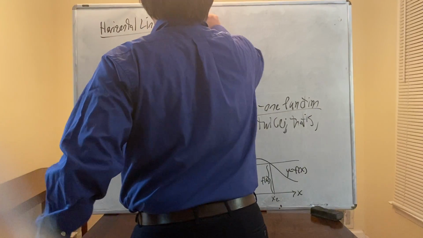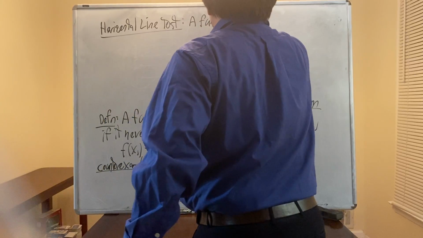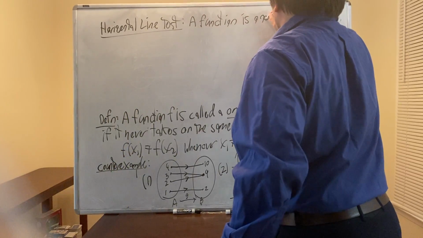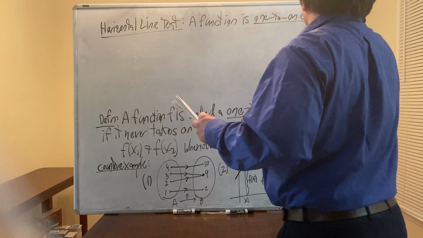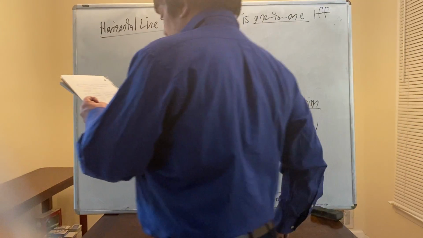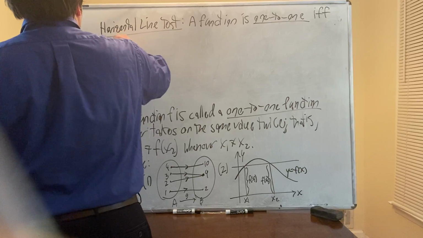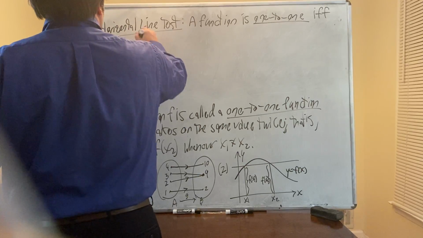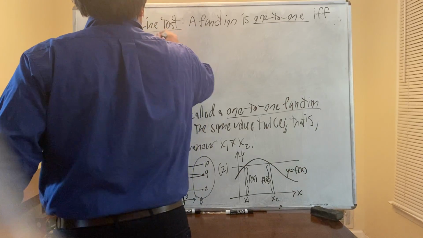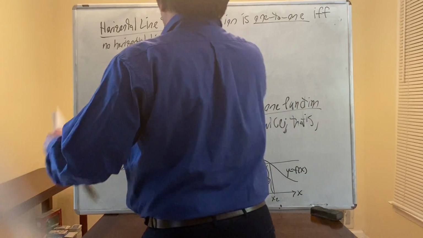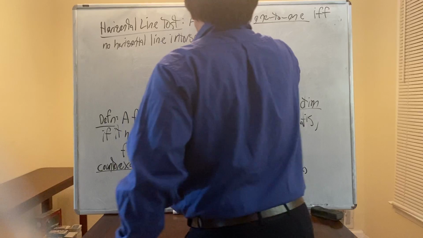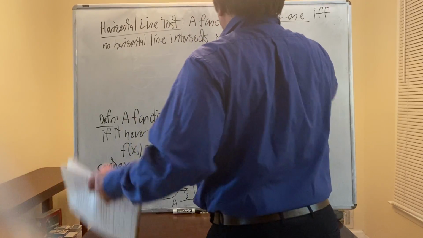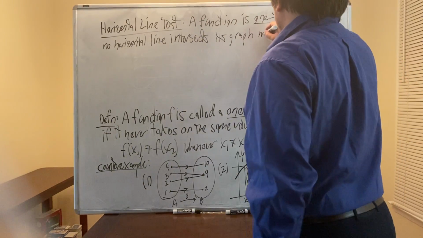A function is one-to-one if and only if no horizontal line intersects its graph more than once.